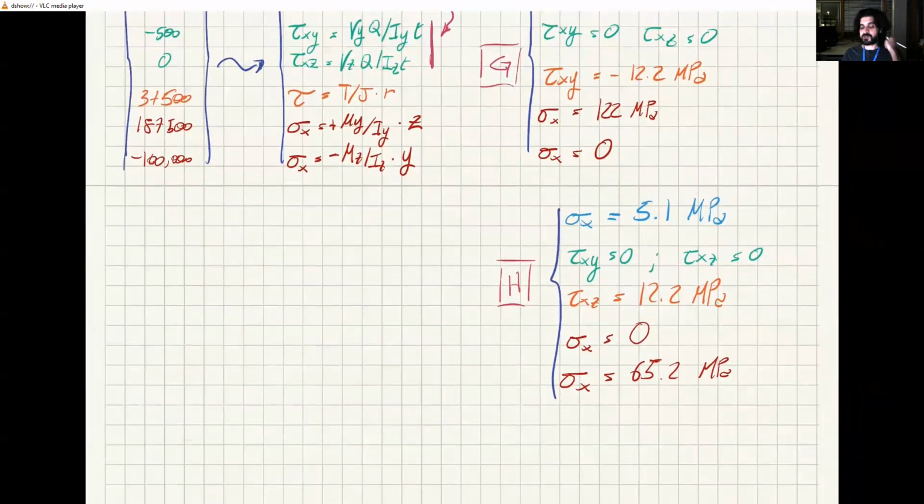Now we can just draw both of these stress states on an infinitesimal element. Let me draw it larger.